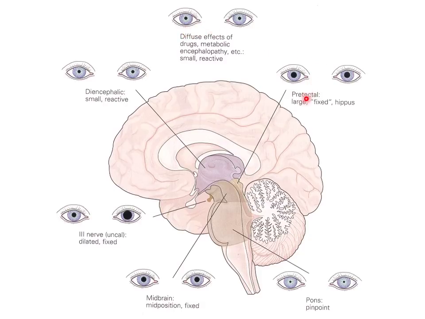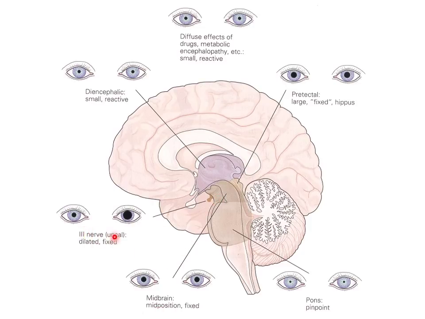If there's damage in the pretectal area, in the midbrain, we tend to have large fixed pupils with hippus, oscillation. If there's damage in the pons, we'll tend to have pinpoint pupils. If there's damage in the midbrain, we'll tend to have mid-position fixed pupils.